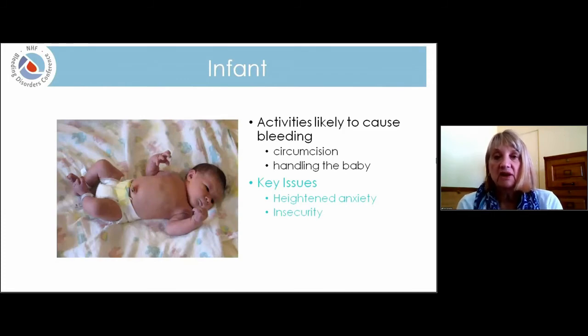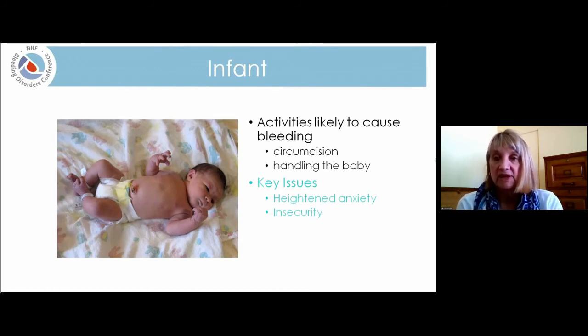So what are the likely bleeds that you're going to have at some of these stages? Obviously, an infant, initially they're not moving, they don't hold their head up, they're not even rolling over. So we're going to really have to do something to this baby to make them bleed.